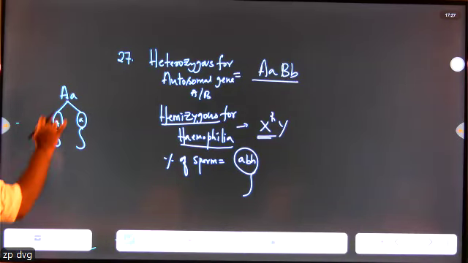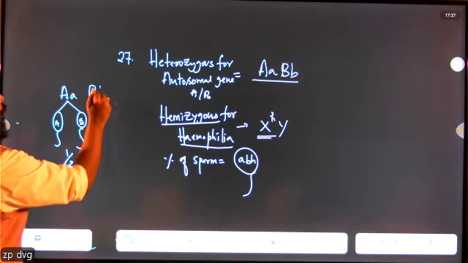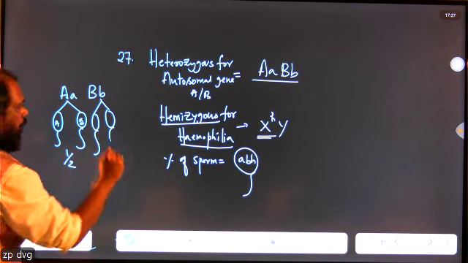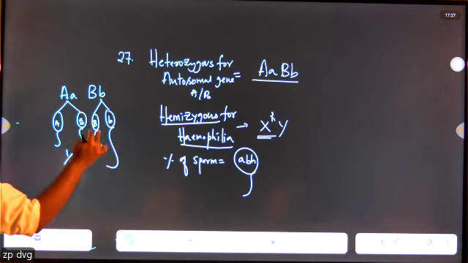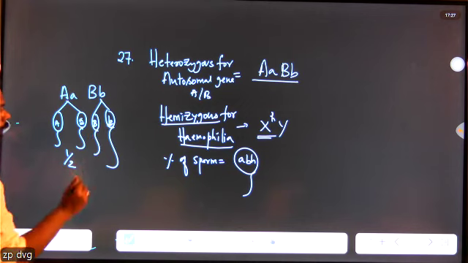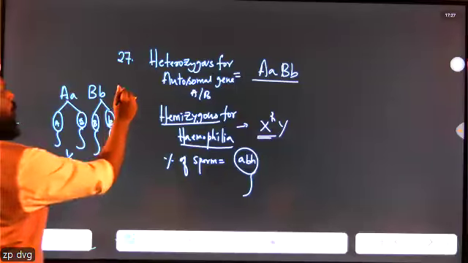I can write 1 by 2, correct? Out of two sperm, one will have small a. Now do it for capital B, small b. Out of those two sperm, how many have small b? Again, 1 by 2.